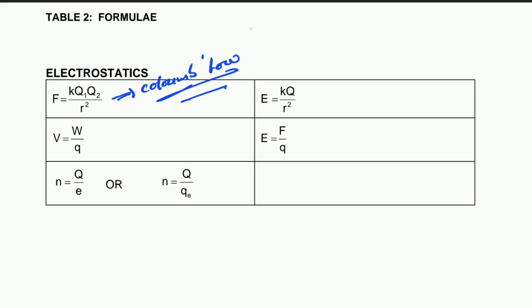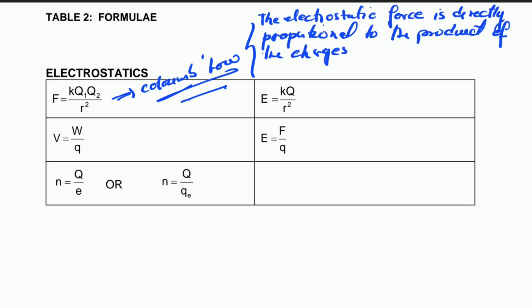So in words, you say that the electrostatic force is directly proportional to the product of the charges. That is the first important part of the law. Remember, you have to speak about charges. Be careful, because if you by accident mention the word mass, you may lose all the marks.